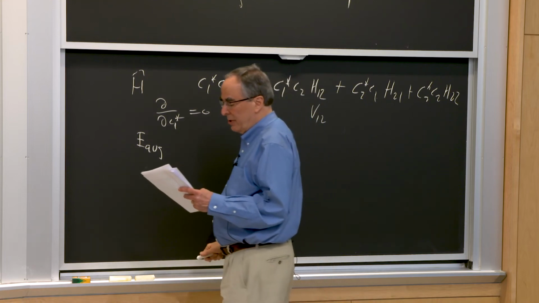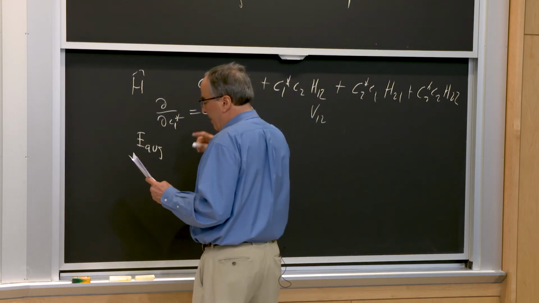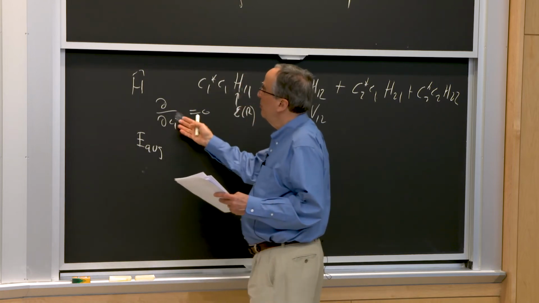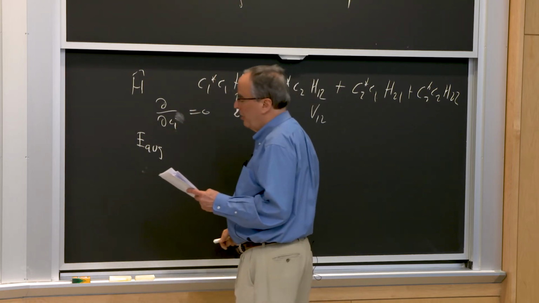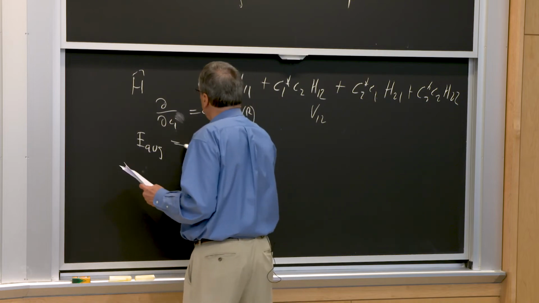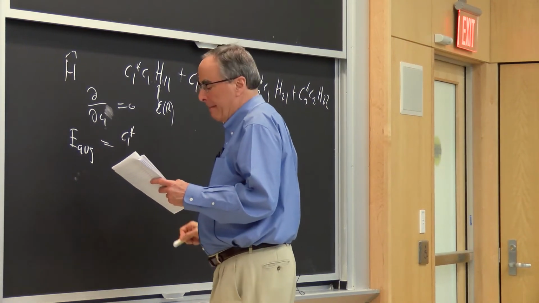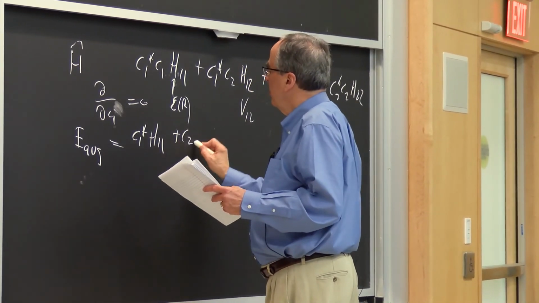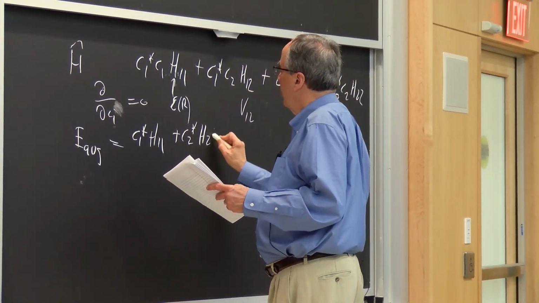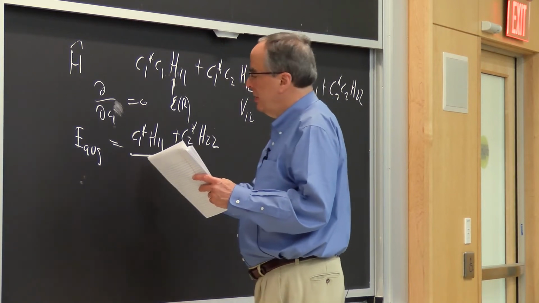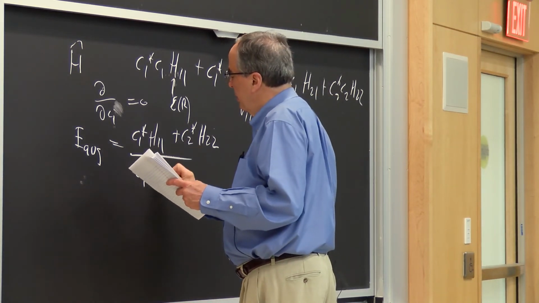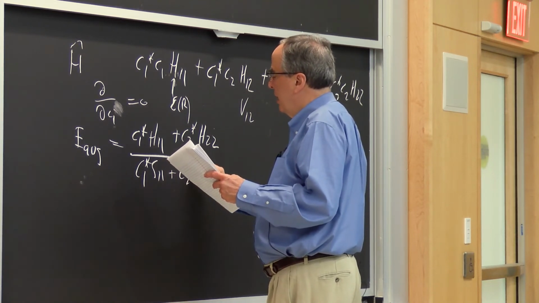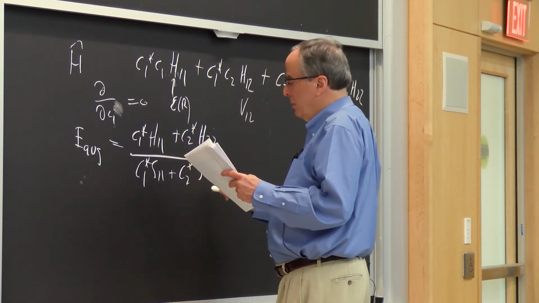When we take the derivative with respect to C1, what we get is this equation: E average equals C1 star H11 plus C2 star H22 over C1 star S11 plus C2 star S21.